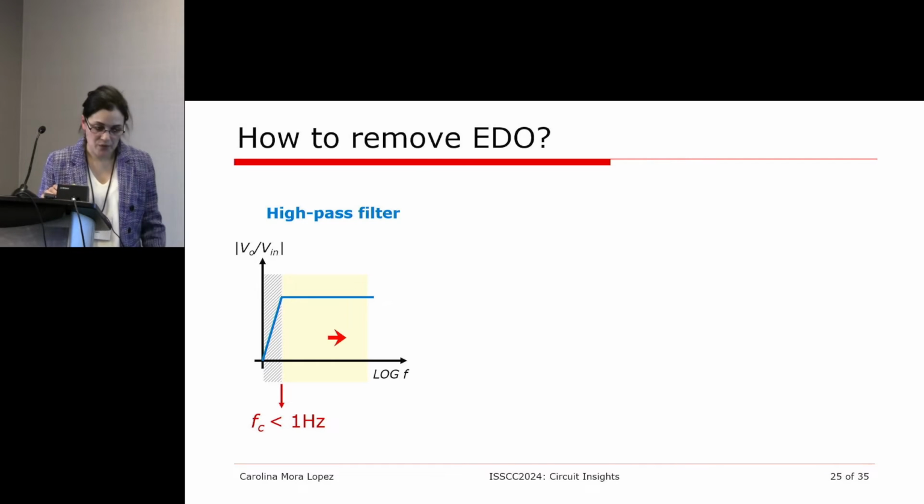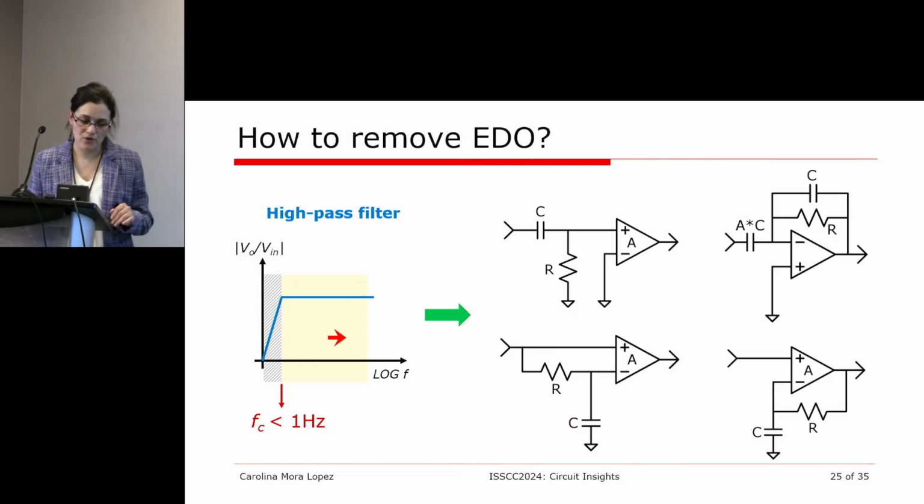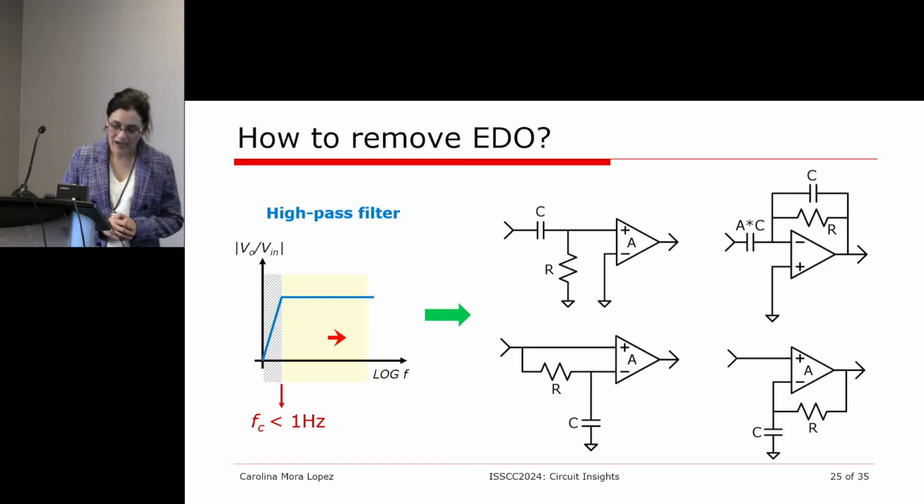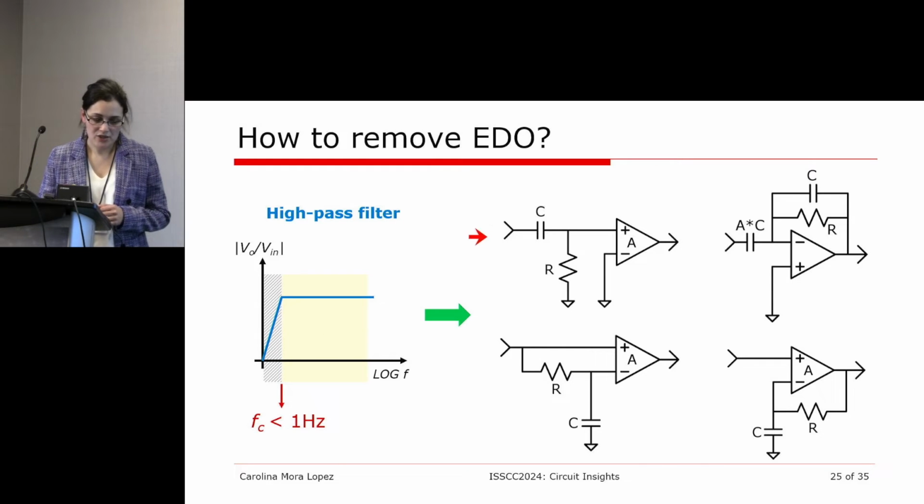And to implement this on chip, there are different methods. Here I'm going to show 4 examples of how you can implement an active filter on chip using both passive and active components. In the first example, you have a capacitor-resistor filter, so an RC filter that is going to remove this offset, and then you go to your amplification stage.